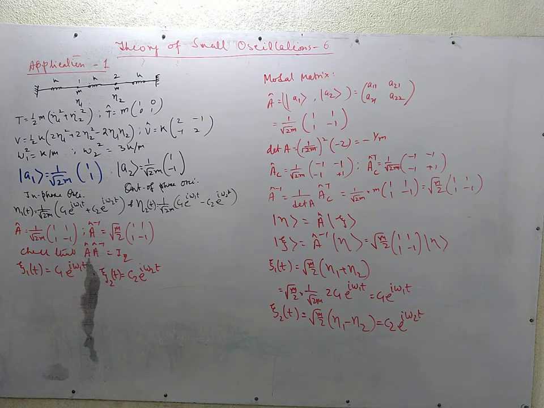So this is a complete workout of the example that we have taken into consideration, two point masses connected by 3 horizontal elastic springs. To keep the discussion simple, we have taken m1, m2 equal to m, and k1, k2, k3 equal to k.